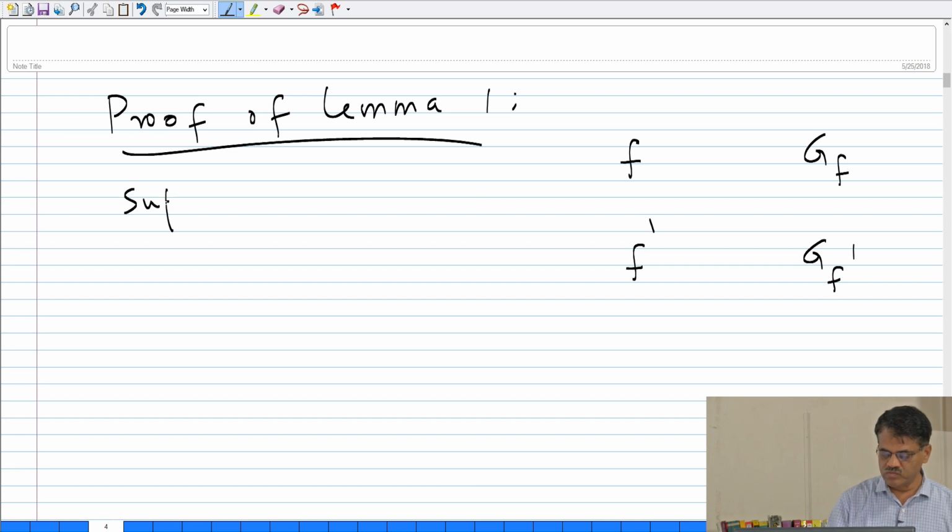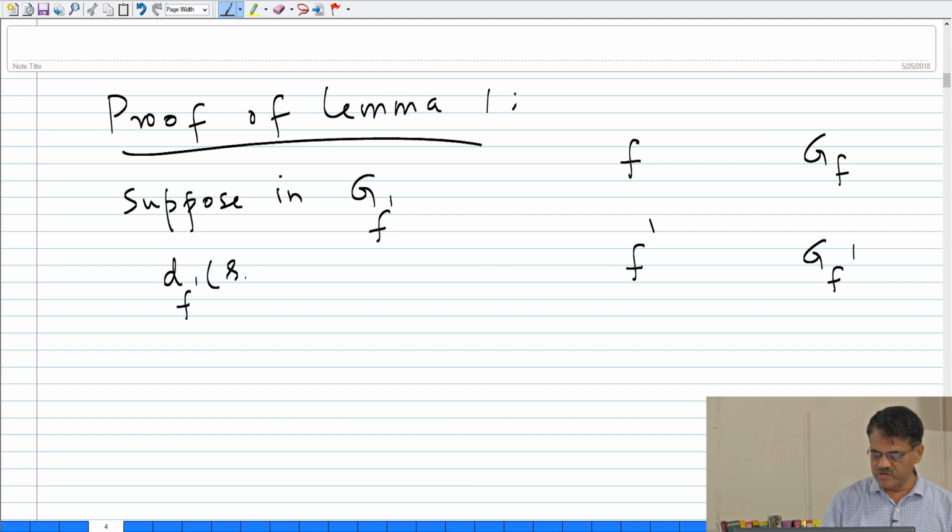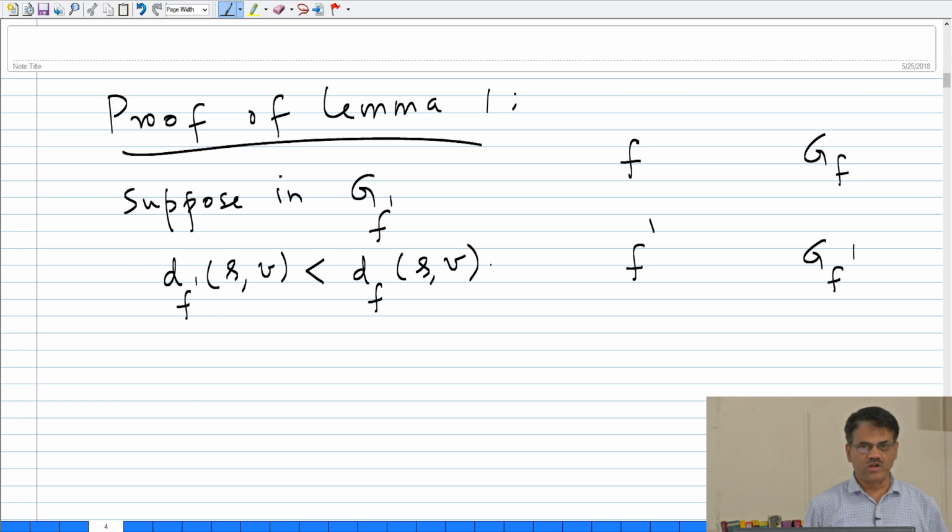Suppose in G F prime, that's residual network, the distance from S to V actually decreases, suppose. I want to arrive at a contradiction. This is what I claim that does not happen for some V, right?